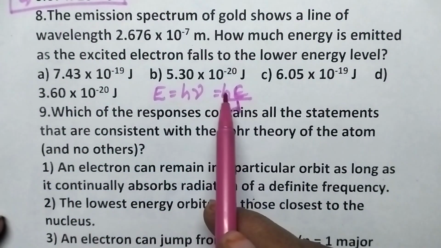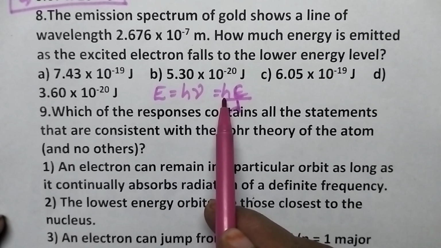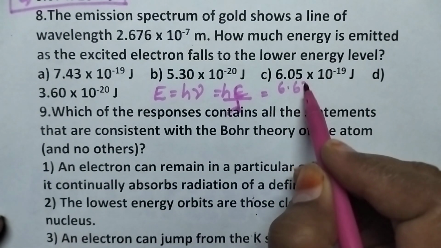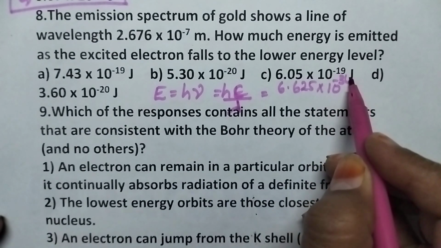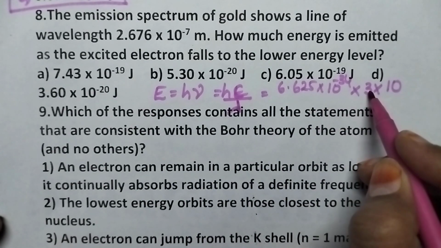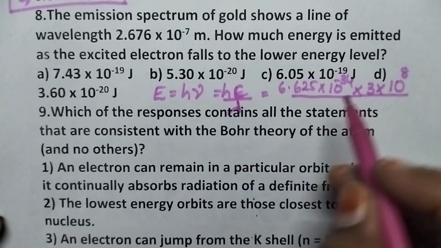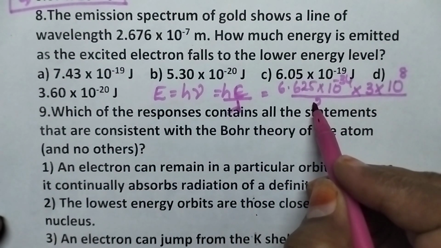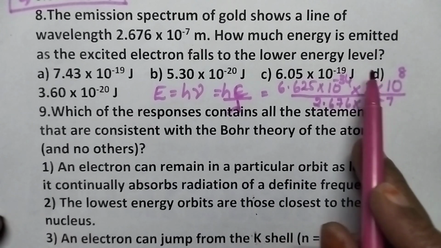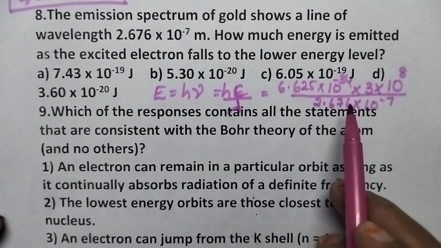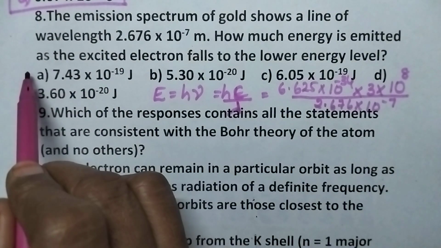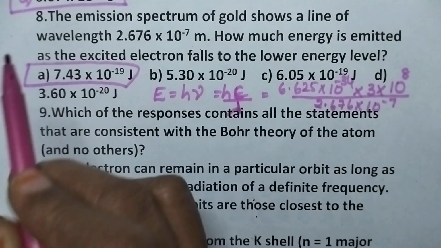Here the wavelength is given and we have to consider the value of Planck's constant in joules, that is equal to 6.625 into 10 power minus 34 joule seconds. And we have to consider the velocity of light in meters, 3 into 10 power 8, divided by the wavelength of the radiation, that is 2.676 into 10 power minus 7, and on calculating you are going to get the answer 7.43 into 10 power minus 19 joules. So option A is the right answer.